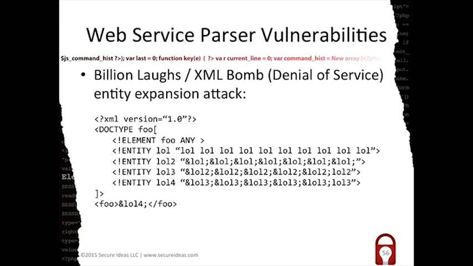You should also be able to limit how many times it will do an expansion. So if it can only expand twice or three times, you can reduce the impact of the XML bomb type of attack.